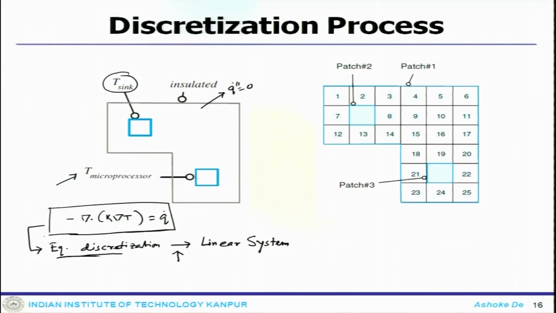Once we do the discretization, we get the linear system, that means essentially Ax equals B. Then finally, once we solve this linear system, the solution will give me the temperature distribution inside this particular domain. So, the first step to get the equation discretization is that we need to divide this particular domain.